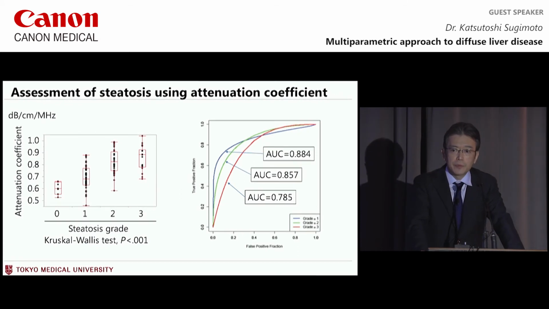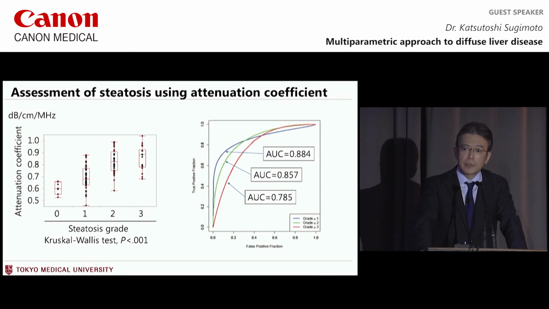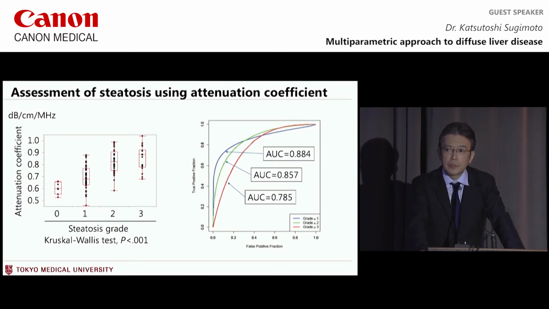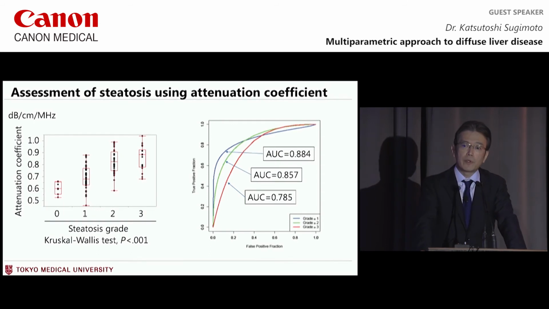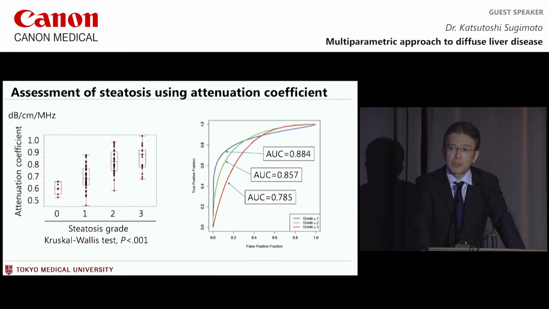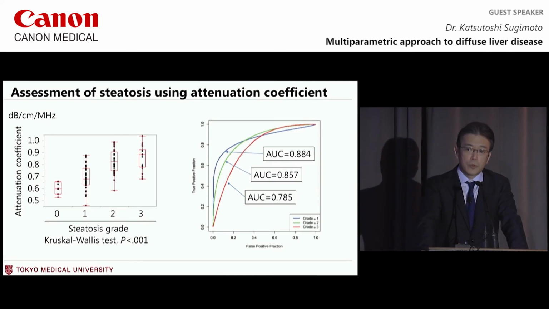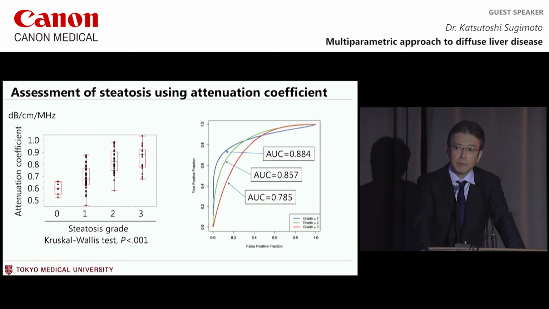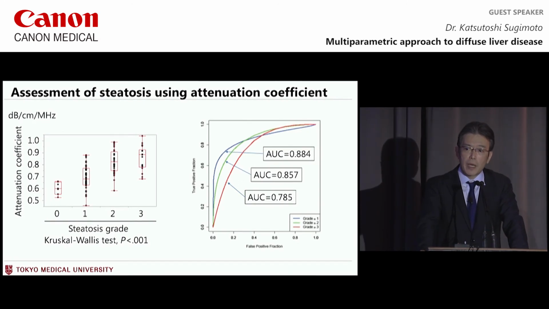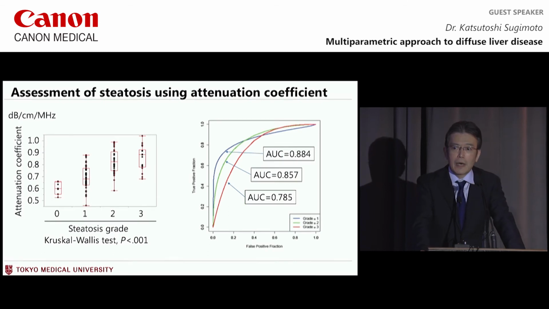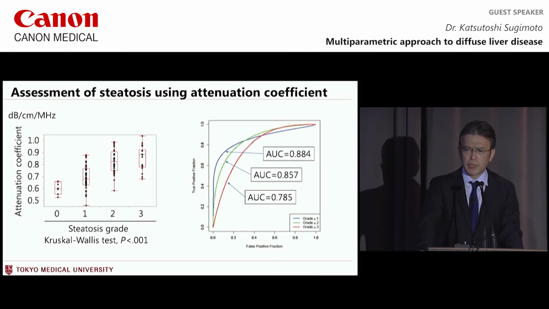When we classified steatosis grade 0 versus others, the AUC was 0.884, and when we classified steatosis grade 0 and 1 versus others, AUC was 0.857, and for steatosis grade 3, AUC was 0.75. As you can see, attenuation coefficient is useful to detect relatively early stage of steatosis.